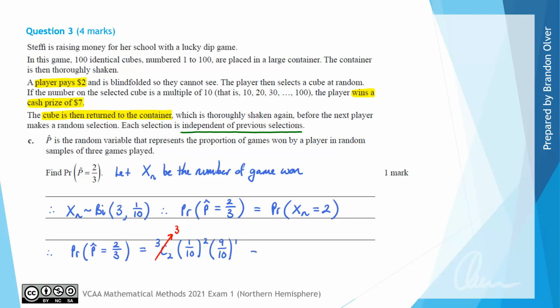So this will become 3 times 1 over 100, so that's 1 over 10 squared, times 9 over 10 to the power of 1. So multiplying that out, the top line will be 3 times 1 times 9, which is 27, and the bottom line will be 100 times 10, which is 1000. So the probability that we were asked to find in this question will be 27 on 1000.